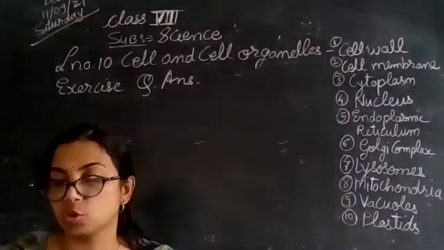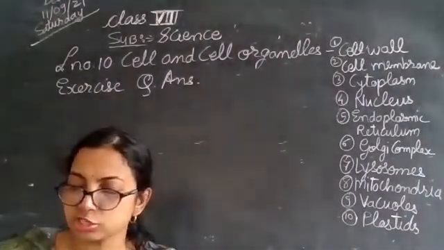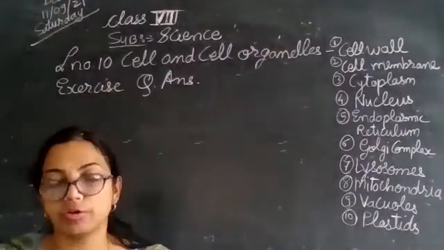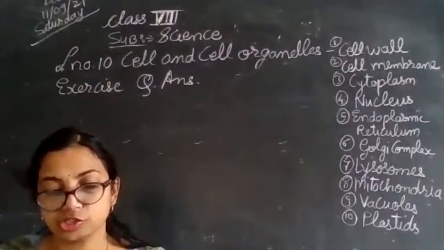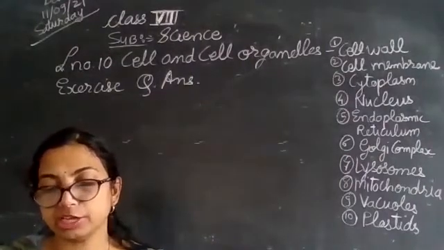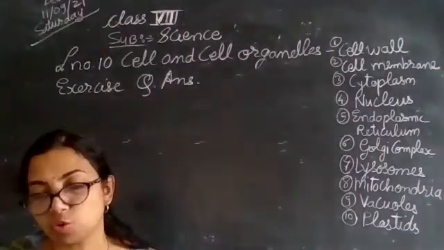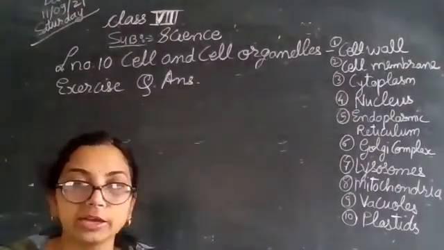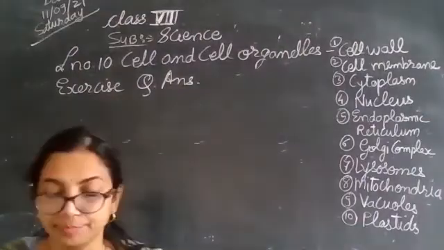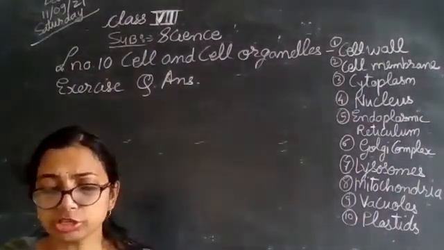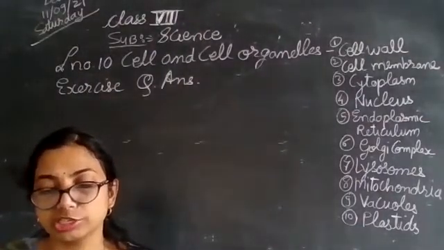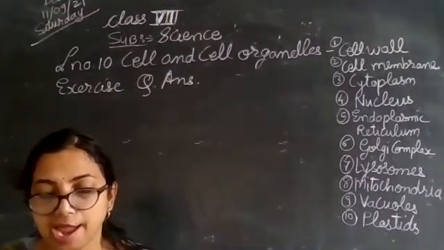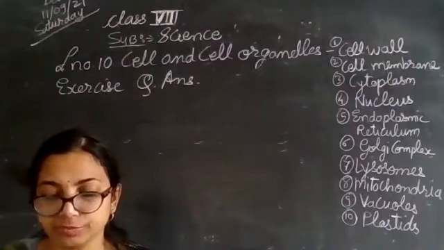Next is lysosome. Lysosome is also called a demolition squad or suicide bag of the cell. Actually, it helps in maintaining the immune system. It destroys the viruses and bacteria that attack the cell. It is also called a demolition squad because it destroys worn out cellular organelles and organic debris.